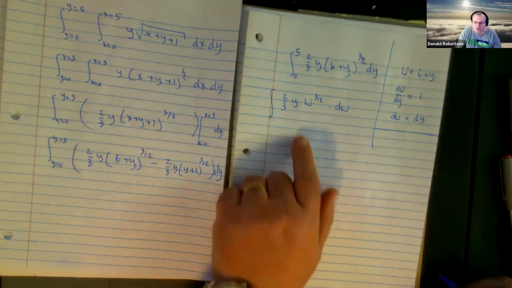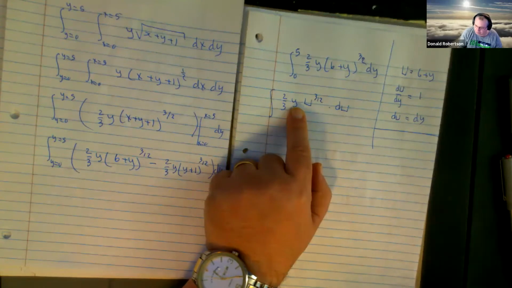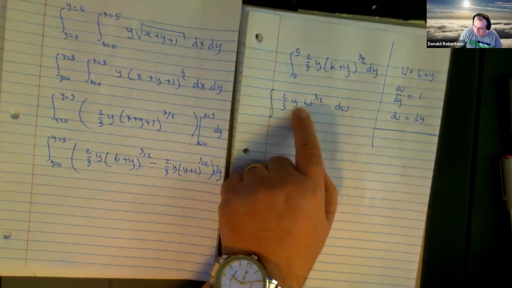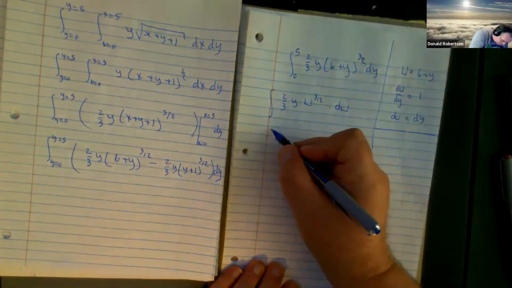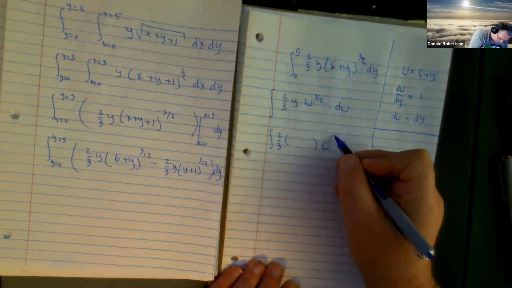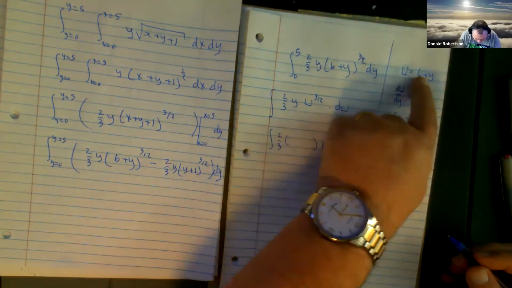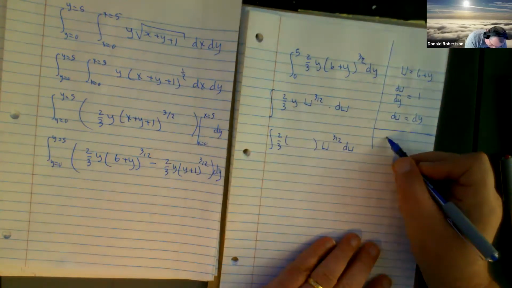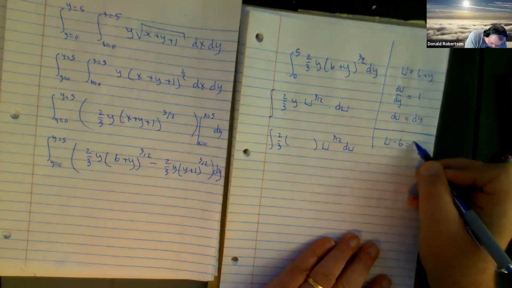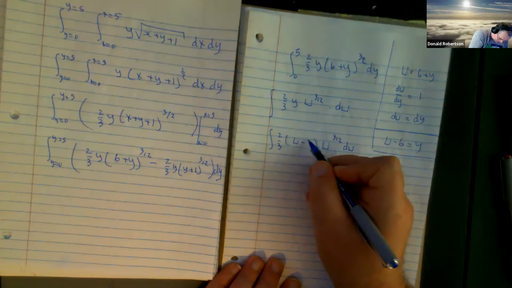And normally when you see an orphan left over, you should be worried because everything should be u's, agreed? So I now need to figure out what y is in terms of u. Well, if u is 6 plus y, won't y be 6 minus u? Right, that guy.